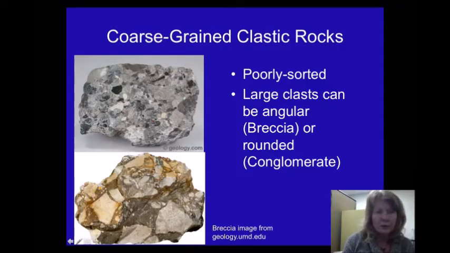So even though there are large fragments, the material that cements it together is going to be finer grained material, therefore poorly sorted. So there's two main coarse-grained clastic rocks: breccia and conglomerates, and they can be differentiated by the angularity or roundness of the clasts.